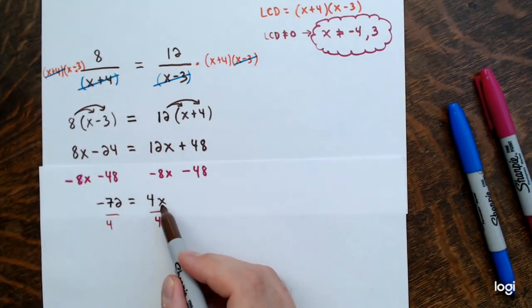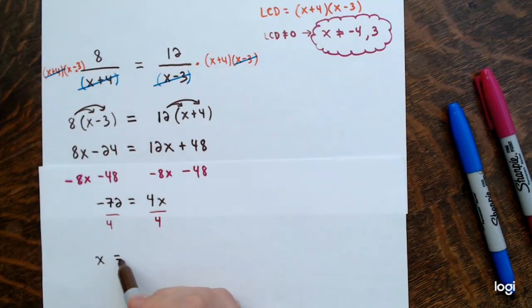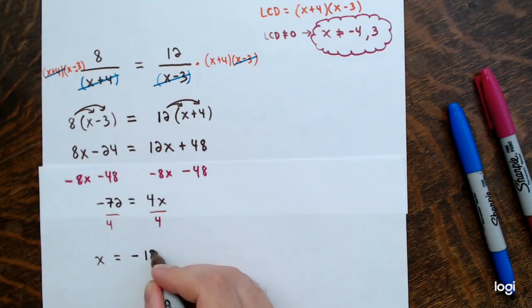This right side is x, so I'll make that the left side now, equals, and then negative 72 divided by positive 4 is going to be a negative number, and 4 goes into 72 18 times. So this is negative 18, and that might be the answer.